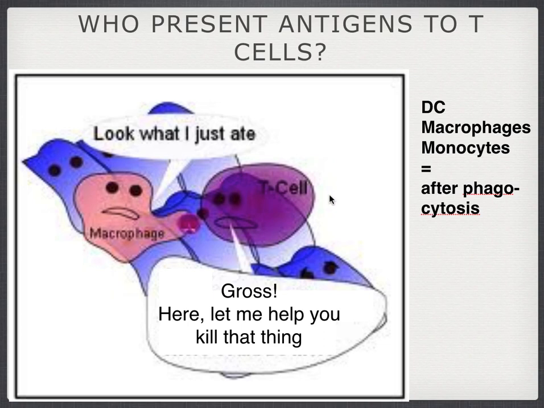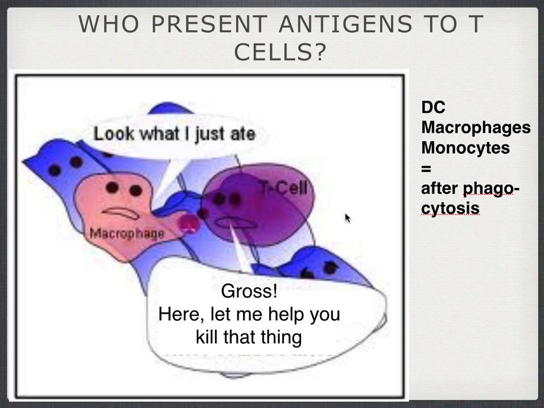So both macrophages and dendritic cells can get T cell help after phagocytosis. And dendritic cells do this in the lymph nodes, and macrophages do this in the tissue.